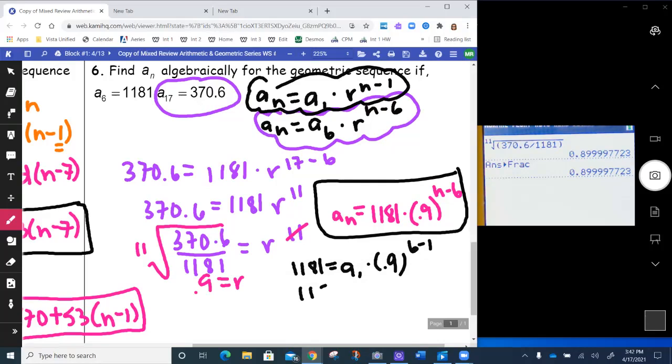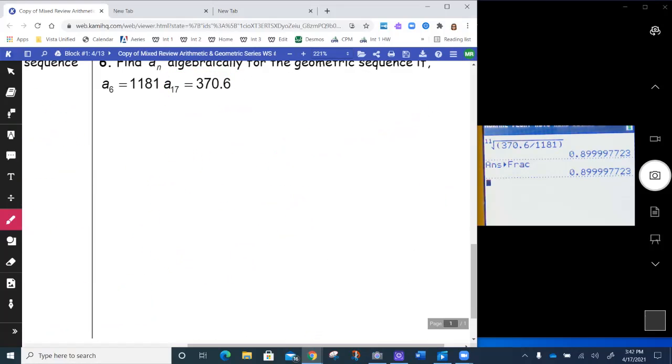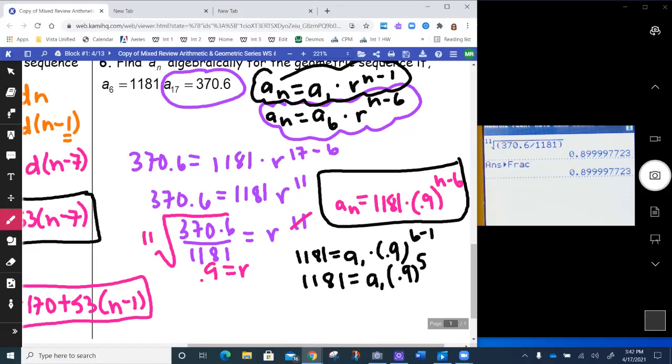So I'm going to have 1181 is equal to a1 times 0.9 to the fifth. And then I can divide both sides by 0.9 to the fifth. So 1181 divided by, now I'm just going to put it in parentheses, 0.9 raised to the fifth. I end up getting 2000.03, let's say, is my a1.